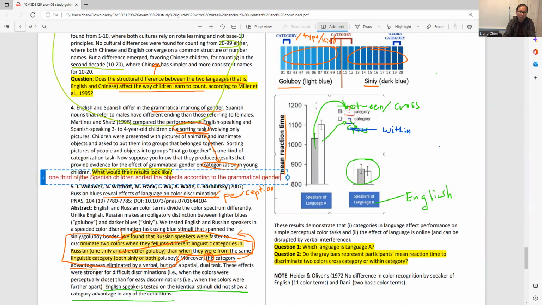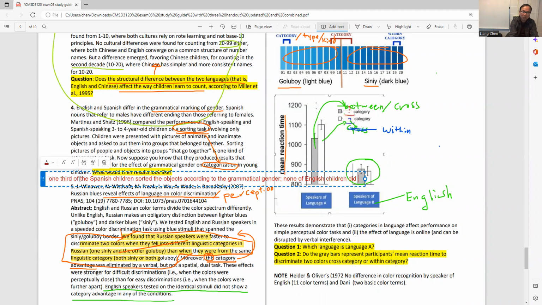Make it easier for you. But most importantly, none of the English-speaking children, English children, did that.